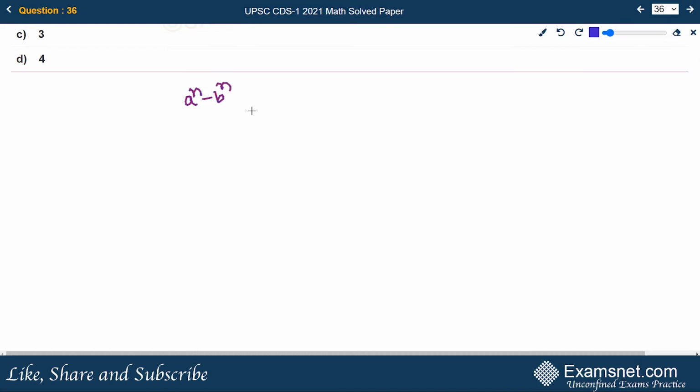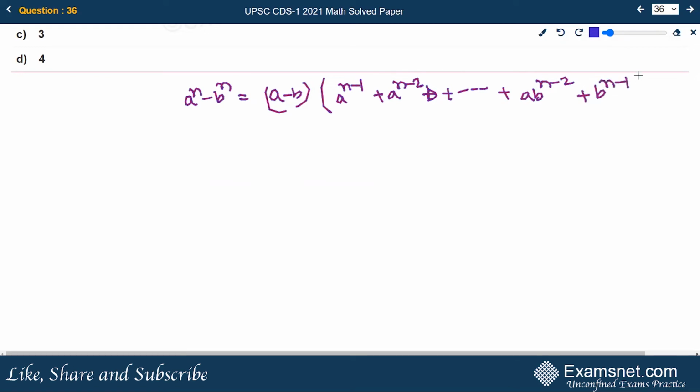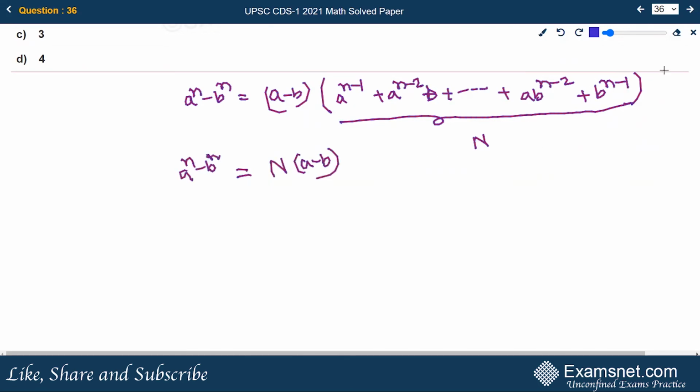When we factorize such an expression, a to the power n minus b to the power n, the formula is (a minus b) multiplied by (a to the power n minus 1 plus a to the power n minus 2 b plus dot dot dot plus a b to the power n minus 2 plus b to the power n minus 1). I can assume the second part as N, so it becomes N times (a minus b).